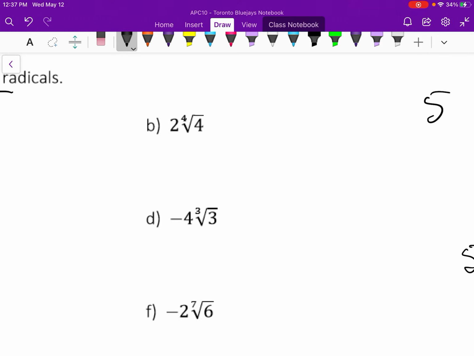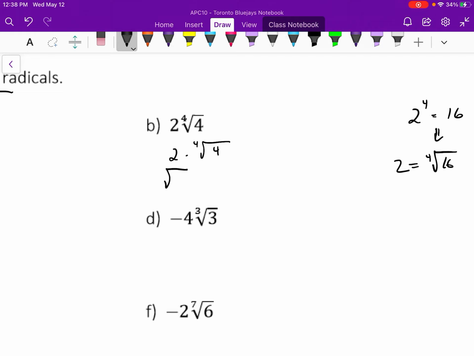So now here, when I take a look at 4, the thought process is the inverse of the fourth root, which is 2 to the power of 4. Now 2 to the power of 4 is 16, so the fourth root of 16 is equal to 2. So I have 2 times the fourth root of 4.